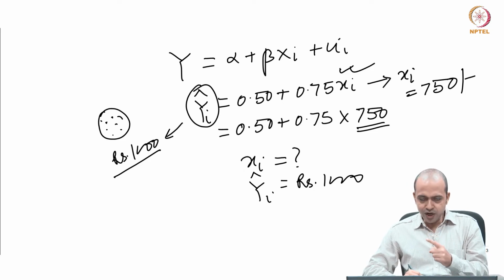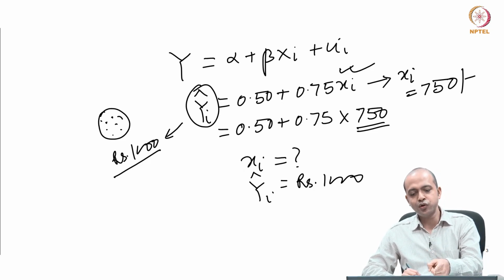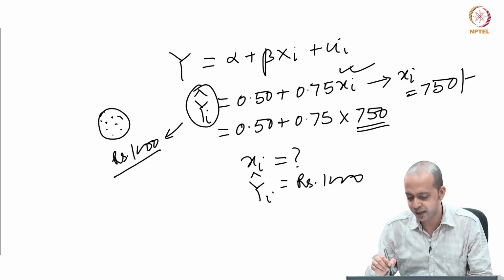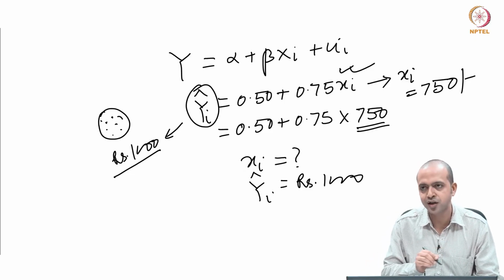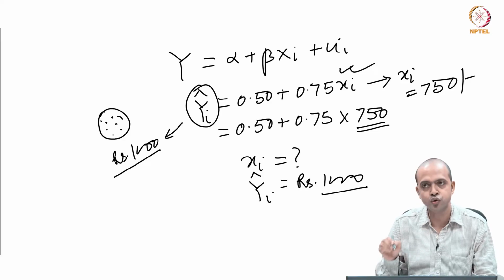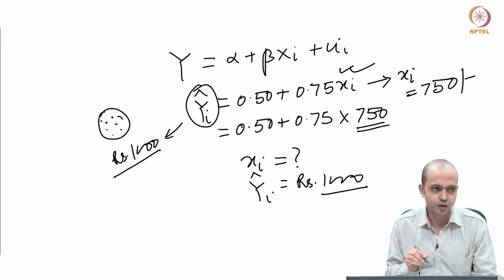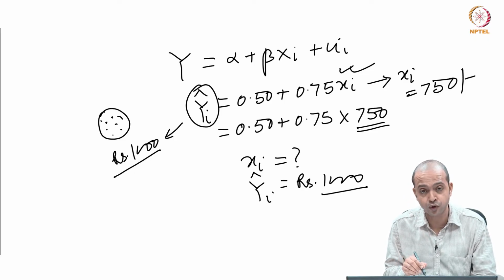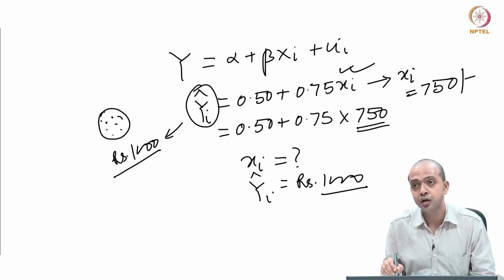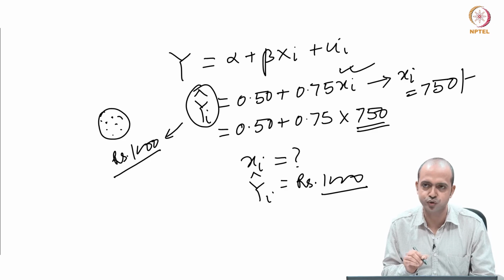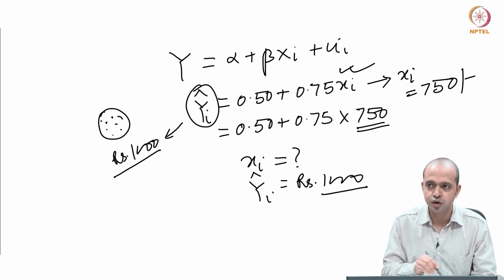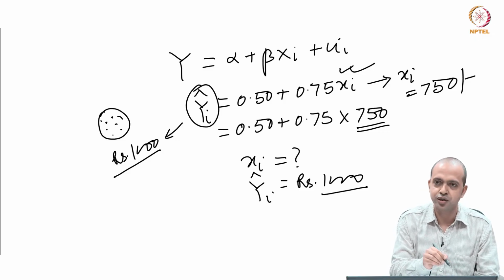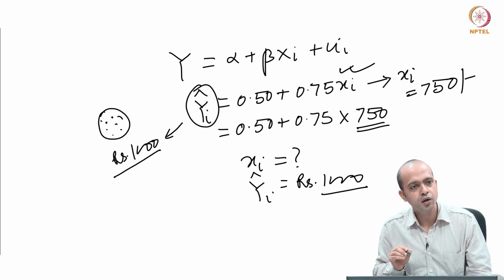When my objective is not to predict the value of yi given xi, what I would like to derive is, let us say, what should be my corresponding xi value, so that my predicted consumption is 1000 rupees. What should be the value of xi so that the consumer can spend a minimum of 1000 rupees, because this minimum 1000 rupees is required to buy that consumption bundle that will give the minimum nutritional value.